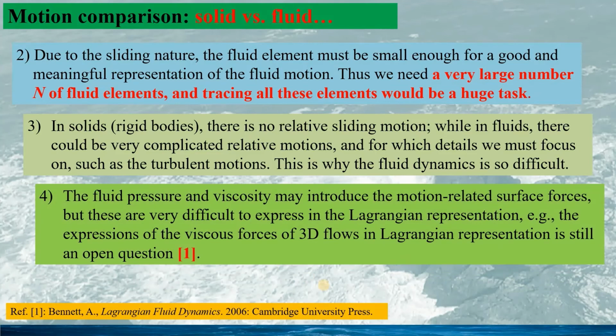Fluid pressure and viscosity would introduce motion-related surface forces, but these are very difficult to express in the Lagrangian representation. For instance, based on the reference here, the expression of the viscous force of 3D flows in Lagrangian representation is still an open question.